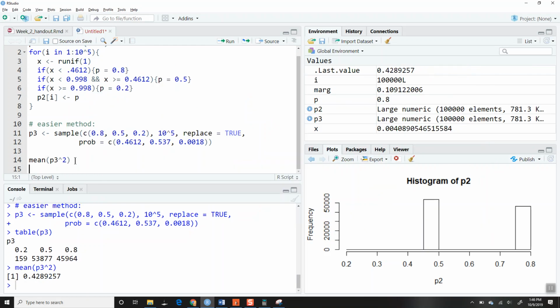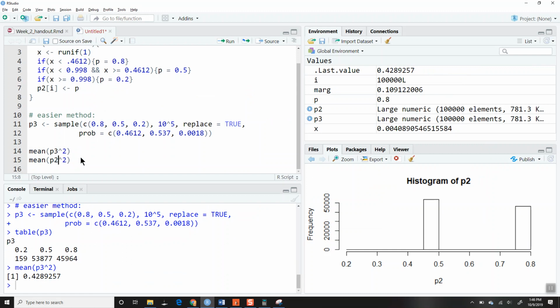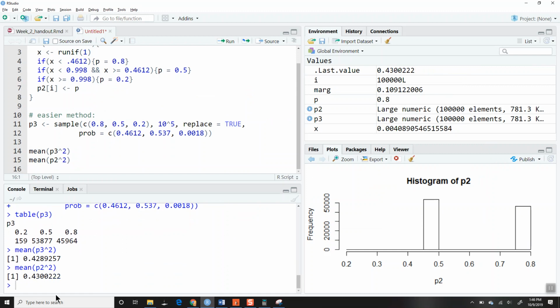All right, so we're hoping for something close to that. Okay, we get 0.4289, and if I take the mean of the other one, P2 squared, yeah, we get something very close, 0.4300.